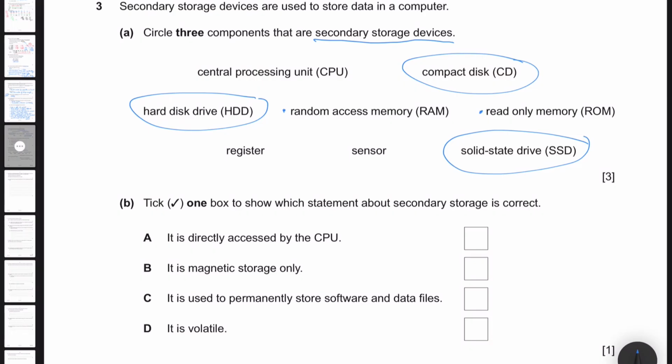Volatile basically means if the computer's turned off, whatever's been saved disappears. So it must be a process of elimination. It must be C. It's permanently stored, and don't worry about that. It's permanently stored software unless we choose to delete it. So it's not a question of if the computer is turned off, it goes, such as a volatile memory. It is permanently stored. We can take it away and store it forever.